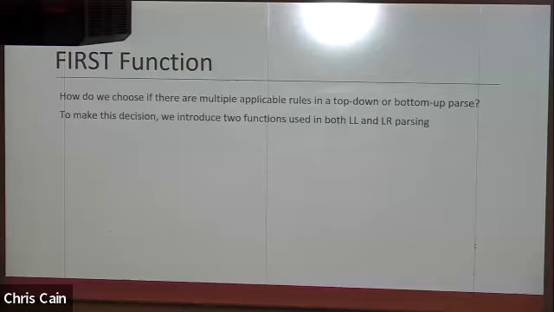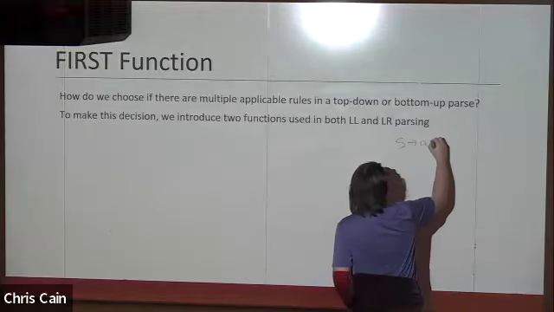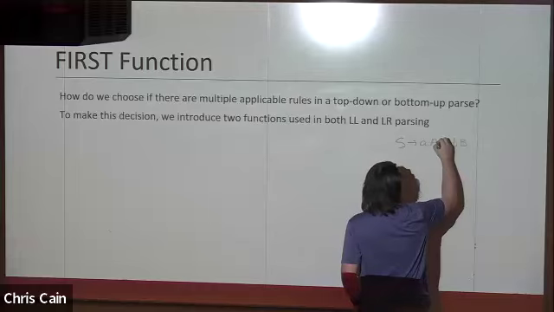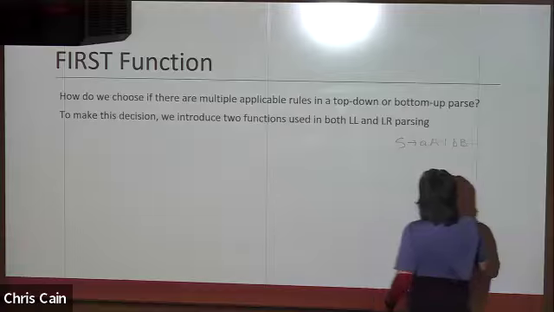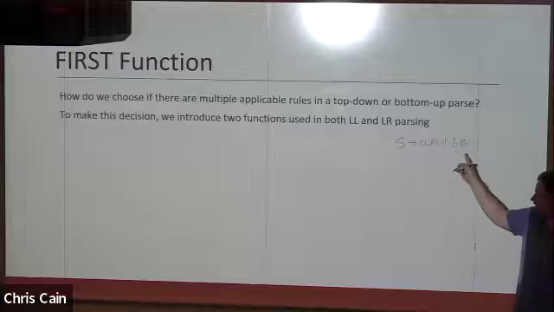So let's say we have some grammar production that says something like this. And again, it doesn't matter if this is longer than this, but how far ahead do we have to look into our string to be able to determine which of these productions to apply?